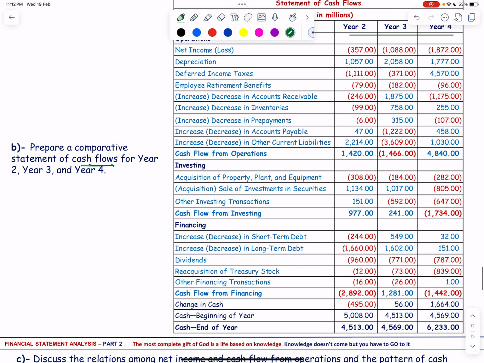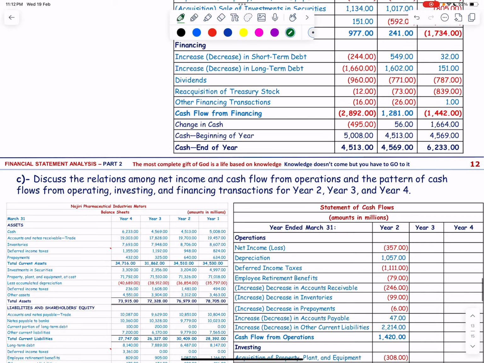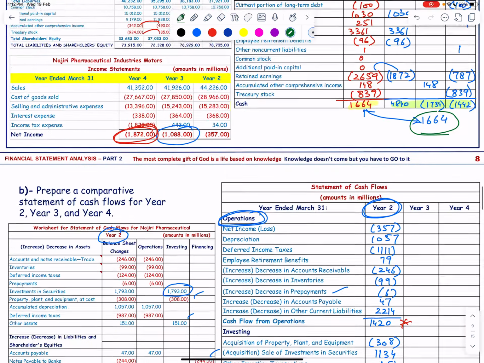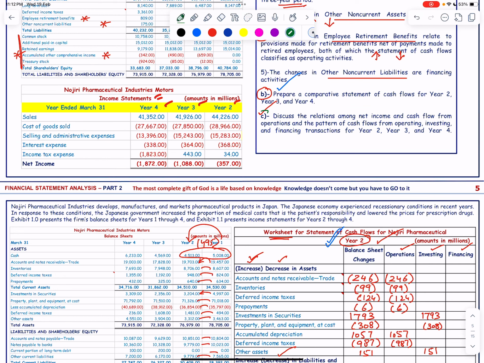For the last part over here, we have done B as well, and part C is to discuss the relations among net income and cash flow from operations and the pattern of cash flows from operating, investing and financing transactions for year number 2, 3 and 4.